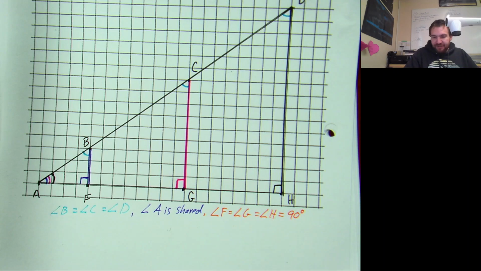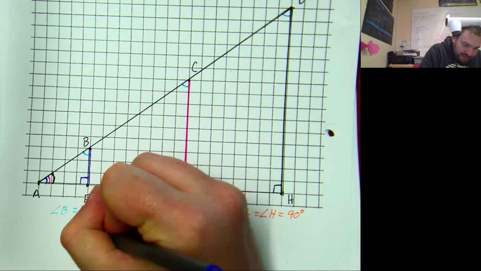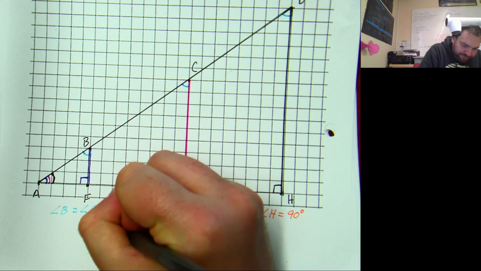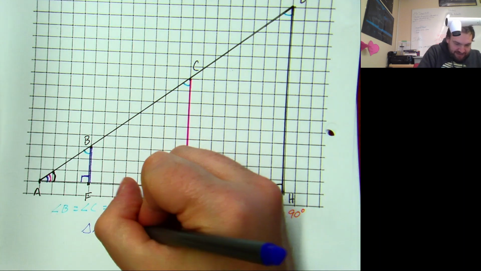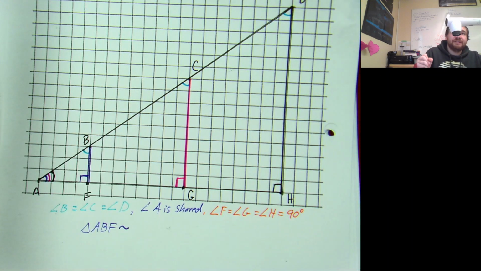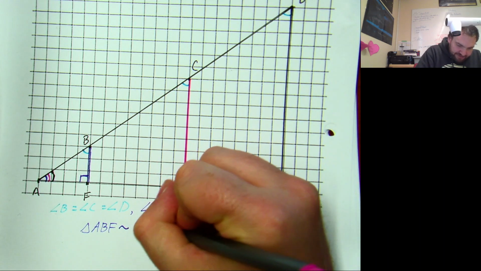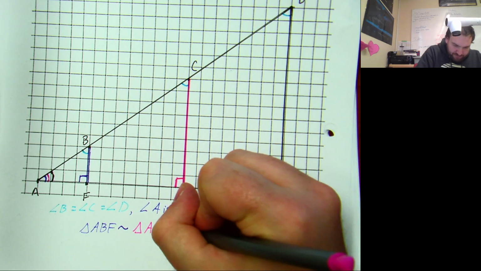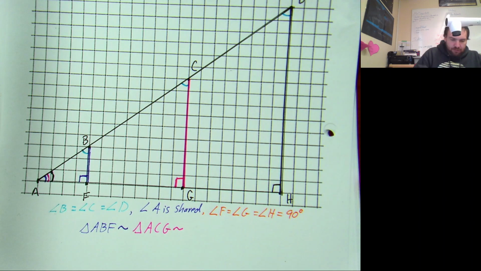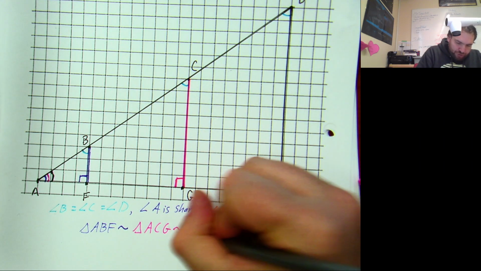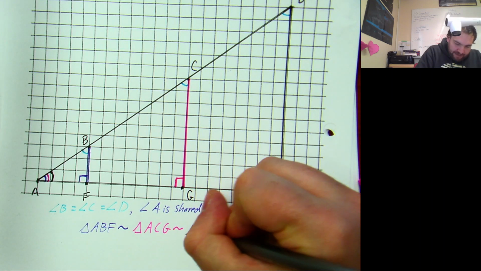We can say, and I'm just going to do, what color am I going to use here? I'll use the three different colors. We'll say triangle ABF is this little symbol, single little squiggle, with ACG, give another little squiggle, triangle ADH.